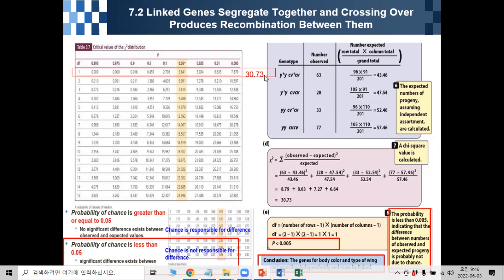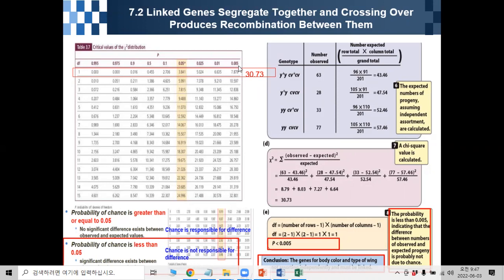We have to find where 30.73 is located. Based on this, we can say that P is less than 0.005.